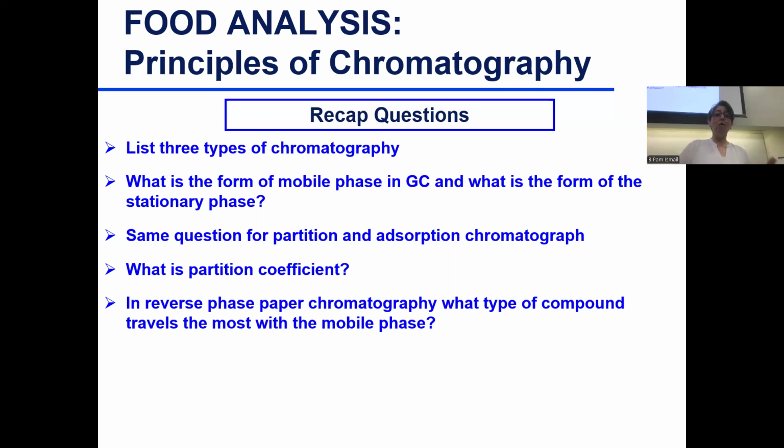So what is the form of the mobile phase in gas chromatography, and what is the form of the stationary phase? Go ahead, Gray. The mobile phase is always gas, and the stationary phase can be liquid or solid.